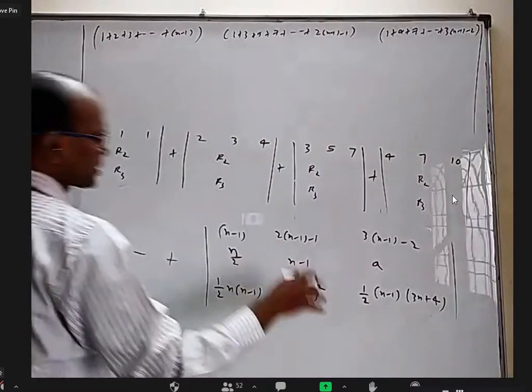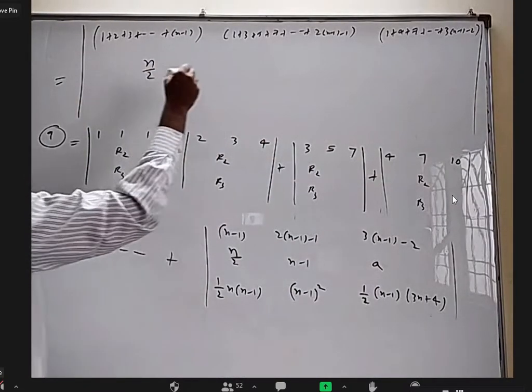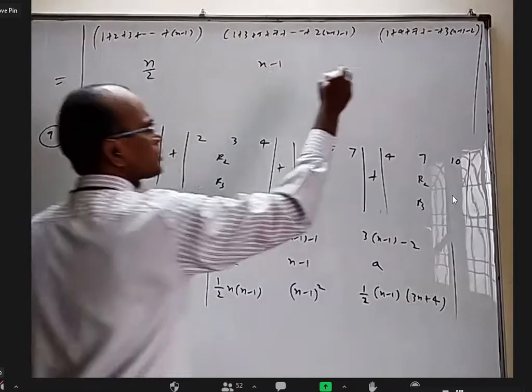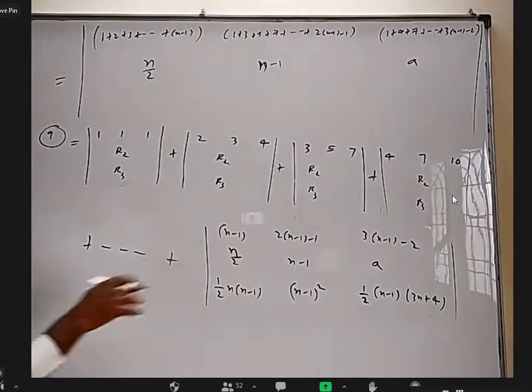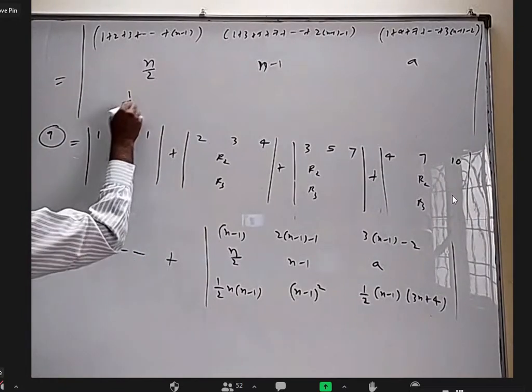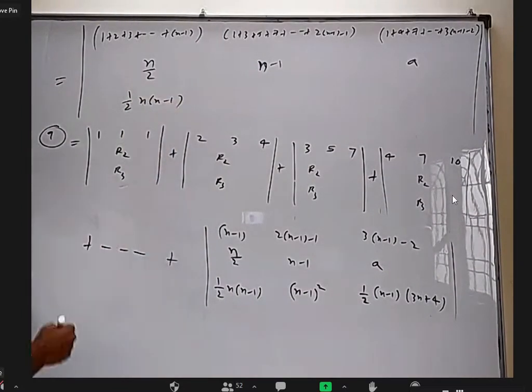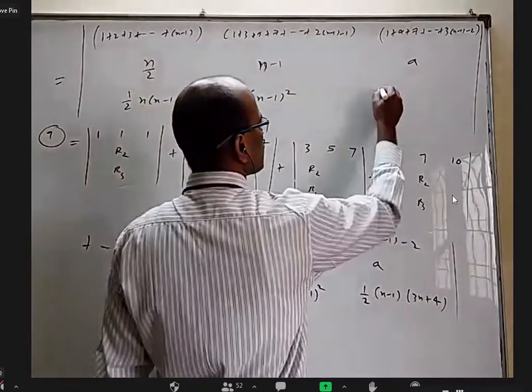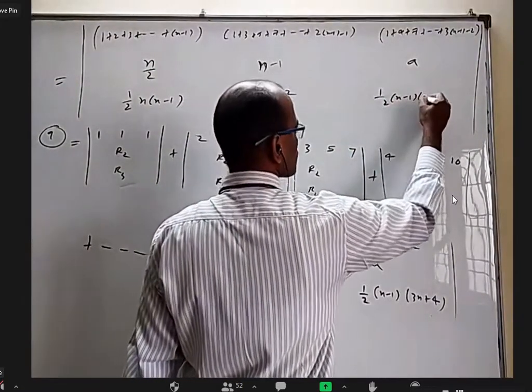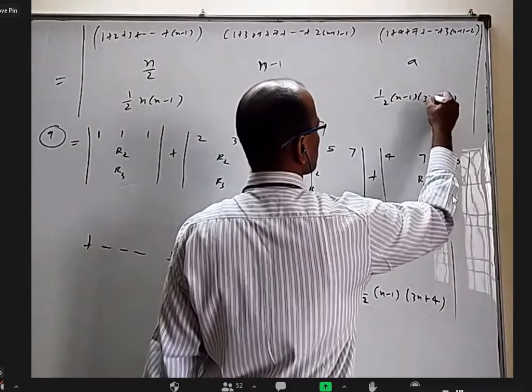But all of them have same second row. So same n by 2, same n minus 1, same a. All of them have same third row. Half into n minus 1. This is n minus 1 whole square. This is half into n minus 1 into 3n plus 4.